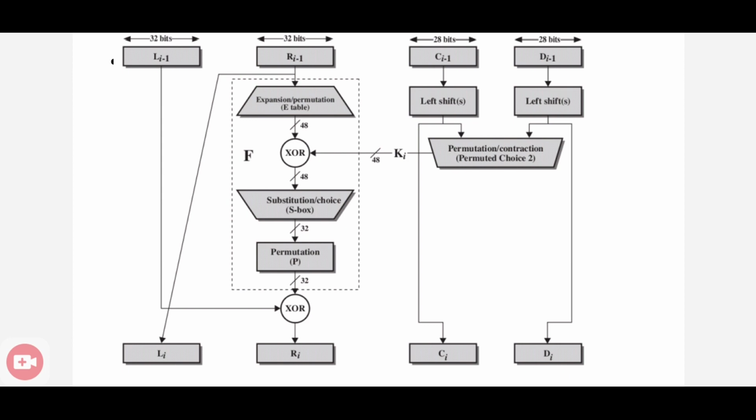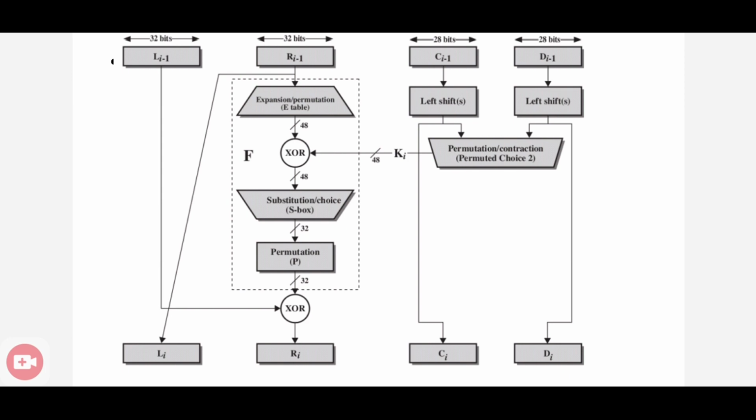Then after the left shift, we perform a permutation by contraction. So the 56 bits are permuted, then contracted, that is, reduced in size to 48 bits. Clear? That is the first subkey for the first round.